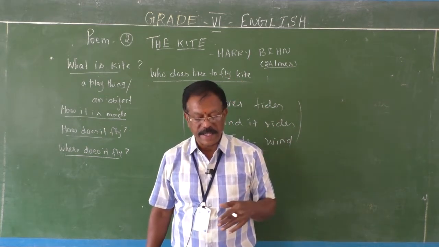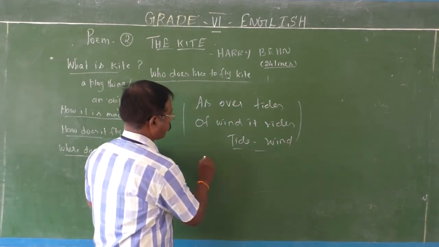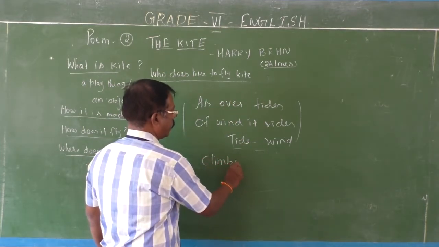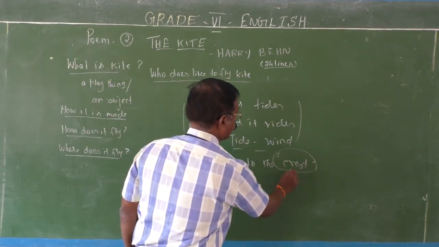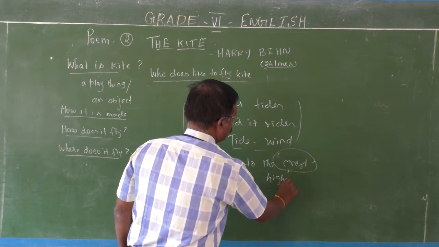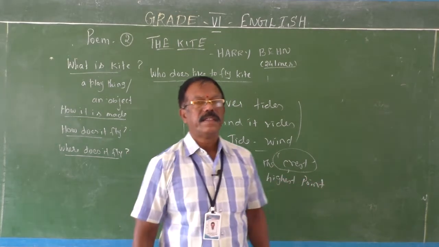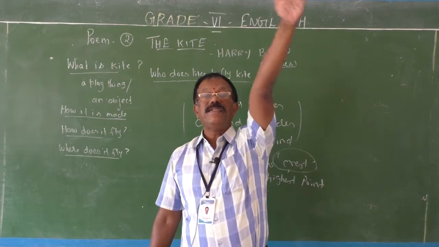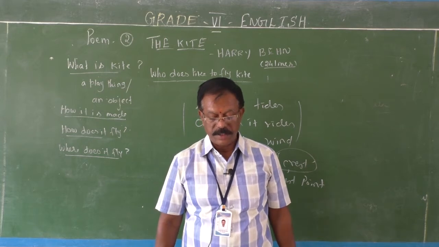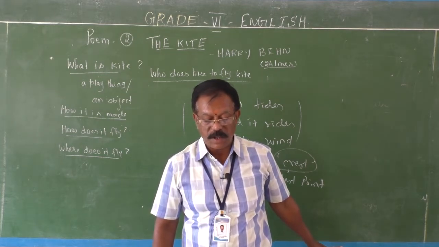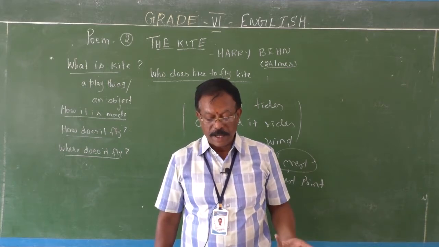So here the poet says it climbs to the crest. Here crest stands for the highest point. Due to the strong wind, the kite rises up and reaches the highest summit in the sky. So crest stands for high point.